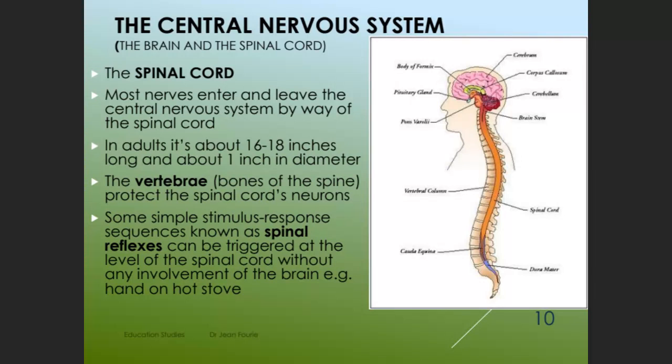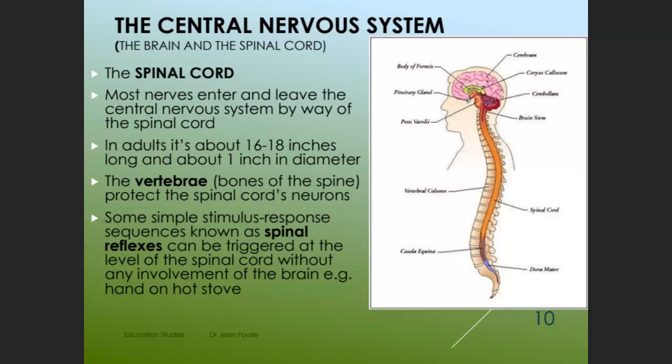The spinal cord goes right from the base of the brain all the way down to the last vertebra, and in adults it is about 18 inches long and about 1 inch in diameter. The bones of the spine are designed to clearly protect the spinal cord, which runs through the middle.